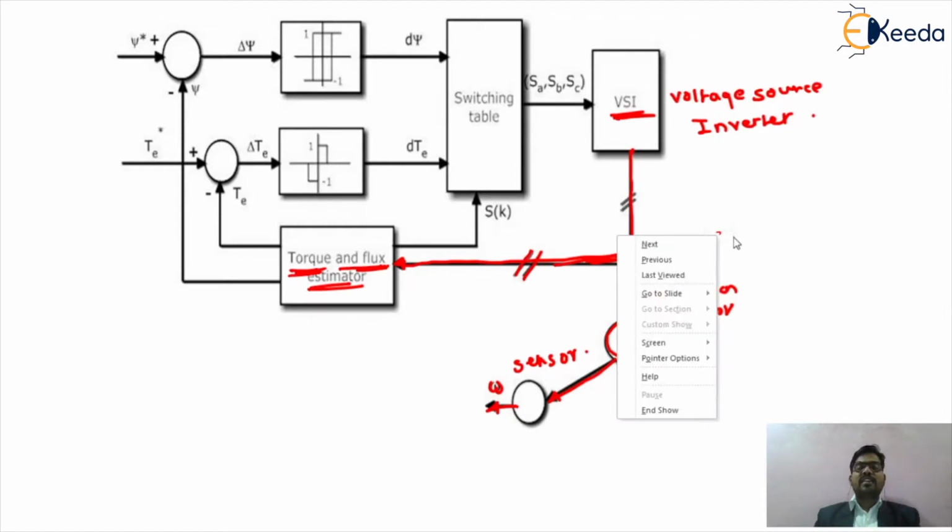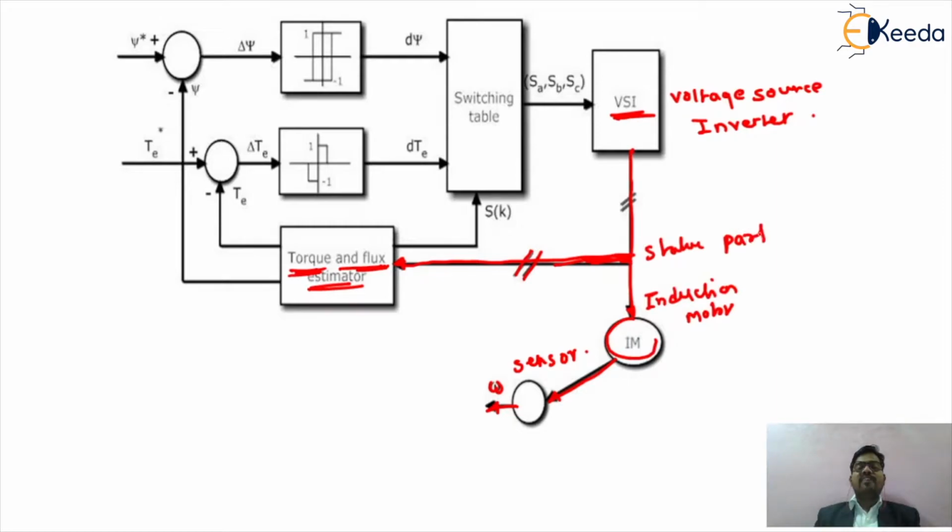In the stator we have the stator voltage and current, and from that voltage and current we are getting the value of the torque and flux, because as we know the current will be responsible for the production of flux, and the voltage along with the current will be responsible for the production of your torque.